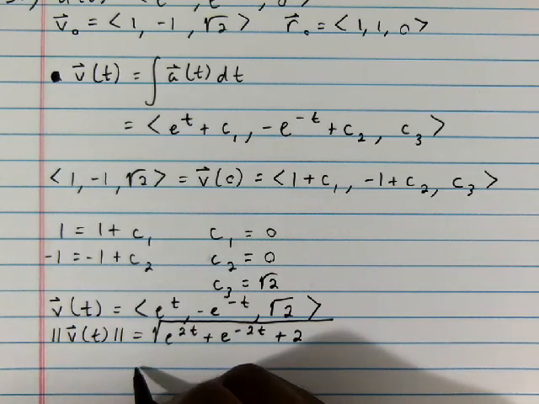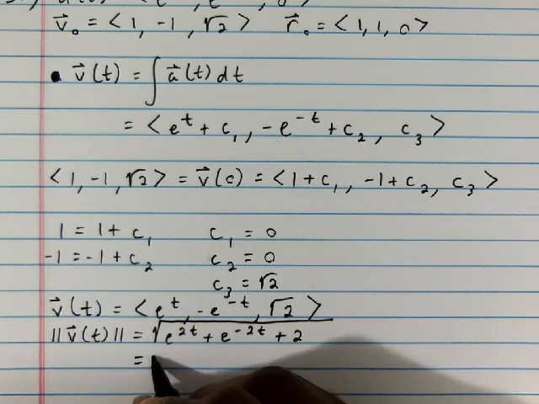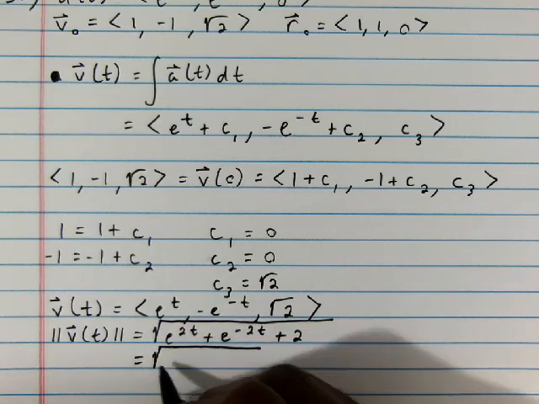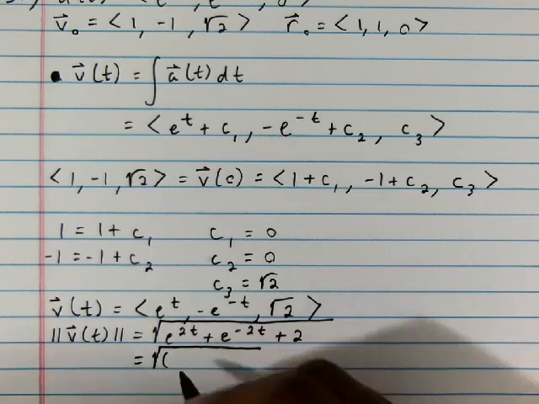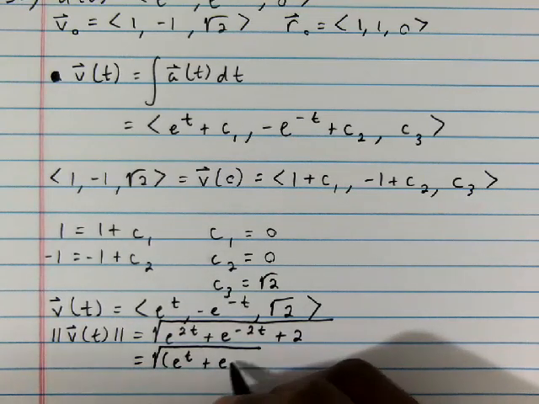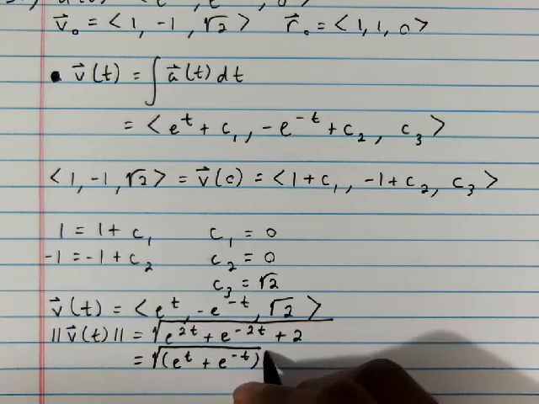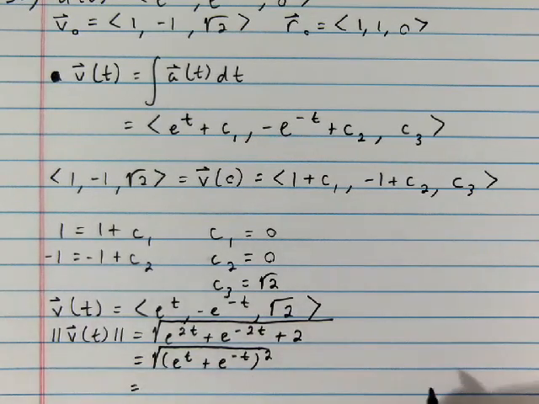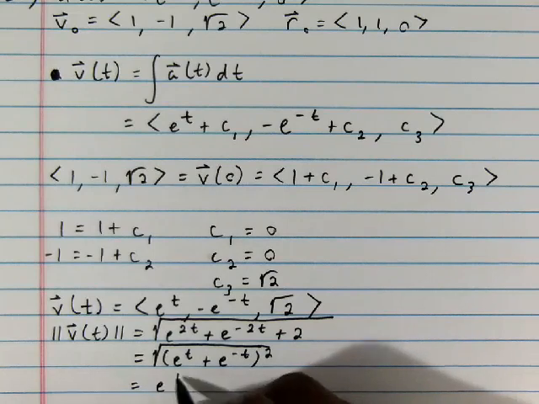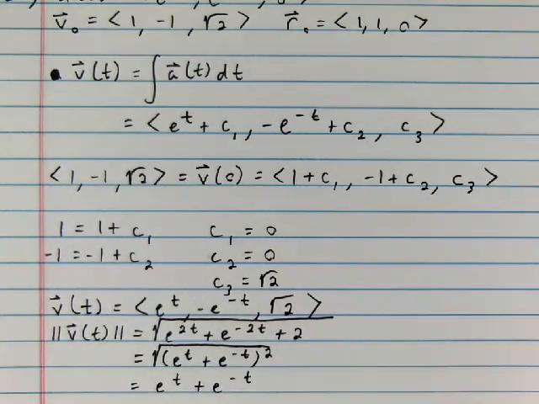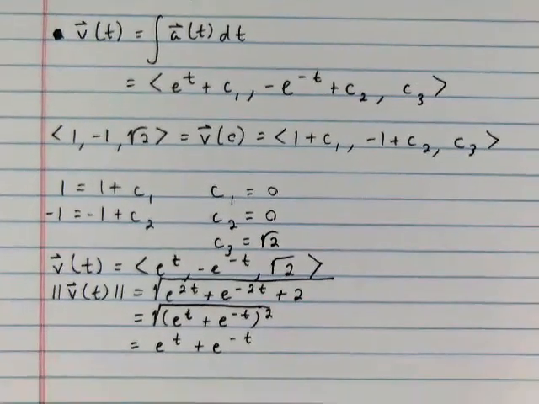This actually simplifies. You don't have to simplify it, but it does. This under here is a perfect square. It is e to the t plus e to the negative t quantity squared. So it just ends up that e to the t plus e to the negative t is our speed.